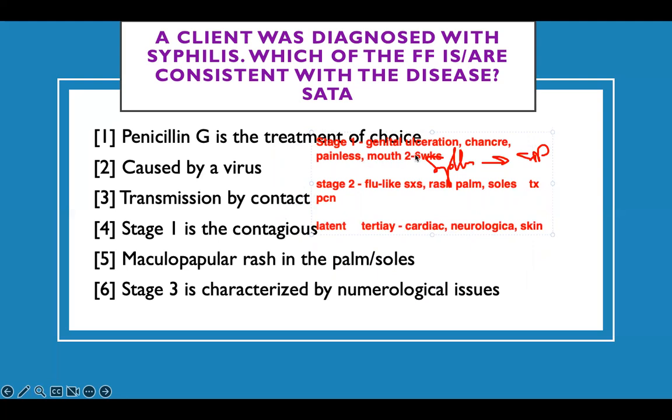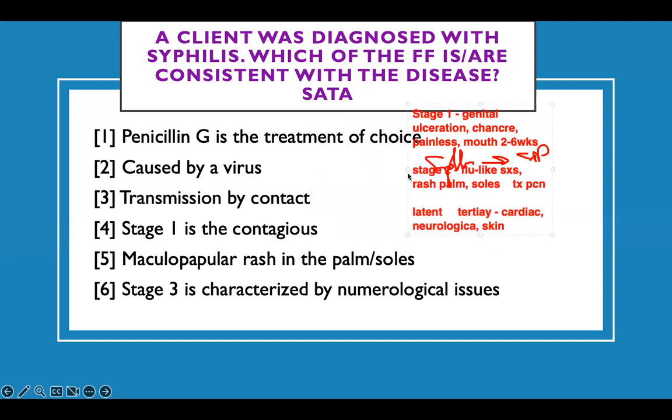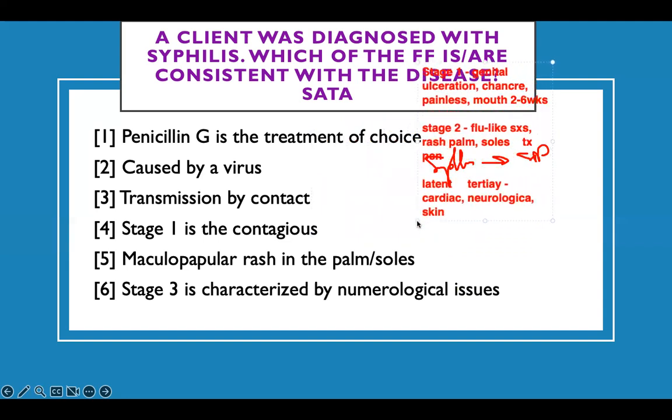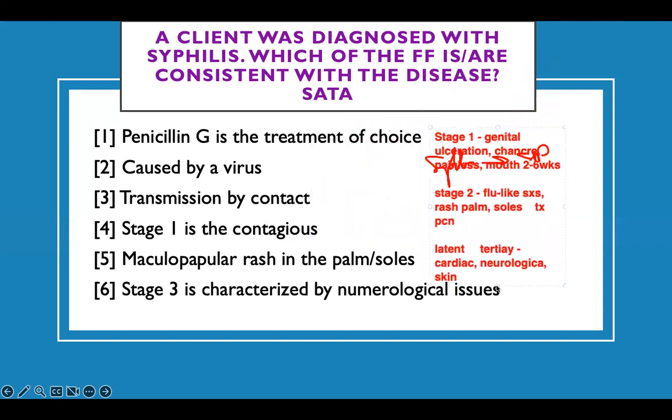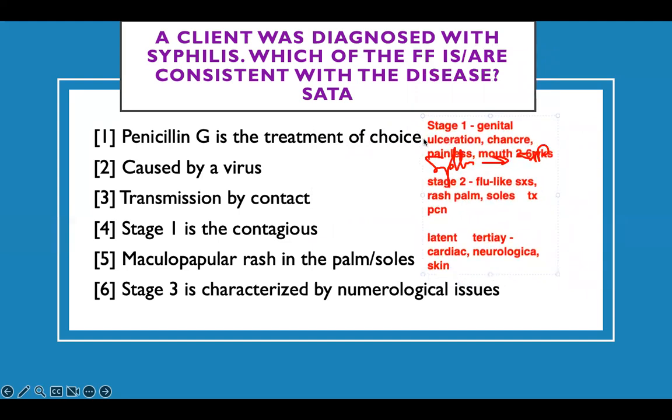Stage 1, mostly genital ulceration, painless. Stage 2, they have flu-like symptoms and a mucopurulent rash in the palms and soles, and then they go into the latent stage, and stage 3, they have cardiac and neurological problems. So pay attention when they ask you a question, see exactly what they are talking about, and answer it appropriately. Okay.